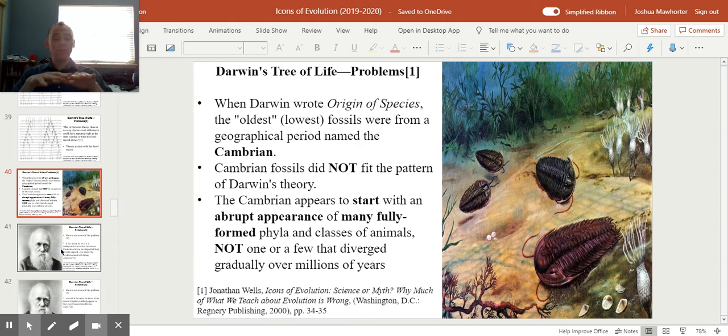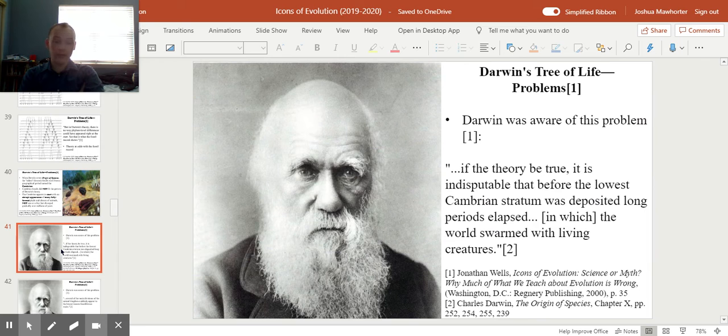What we see is many fully formed phyla and animal classes that are already there, not one or a few that diverge over time and become more over millions of years.